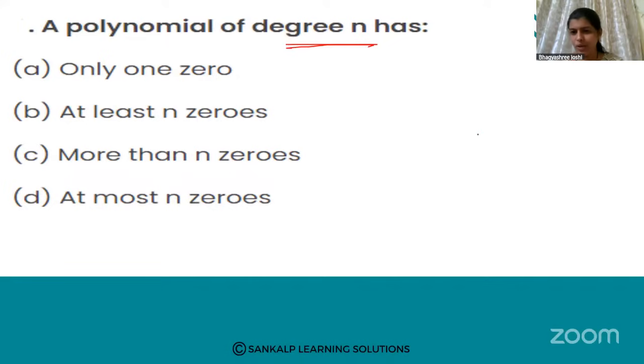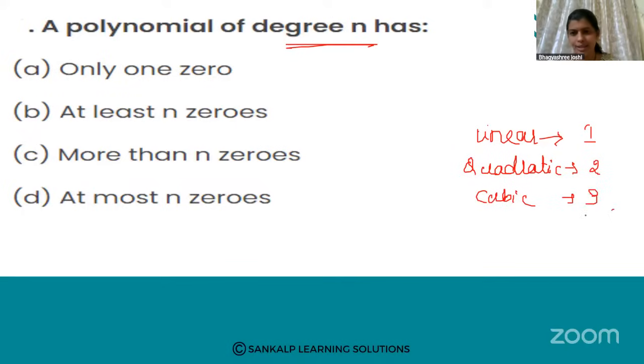For a linear polynomial, remember, how many zeros will it have? 1 zero. For quadratic, how many zeros does it have? It has 2 zeros. For cubic, how many? 3. Like that, when it is n, it has n number of zeros.